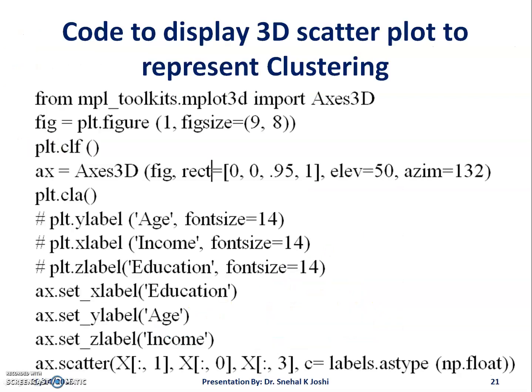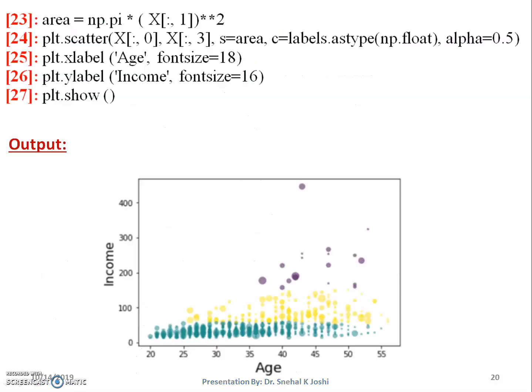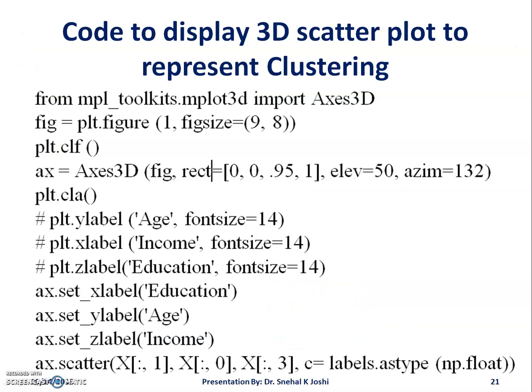Finally, let us display the 3 clusters obtained for the attributes education, age, and income as a 3D scatter plot. In the previous slide, we plotted a two-dimensional plot against income and age, and now let us plot a three-dimensional scatter plot. The code is very simple and easy to understand. We use Matplotlib's toolkit library and import the Axes3D module.